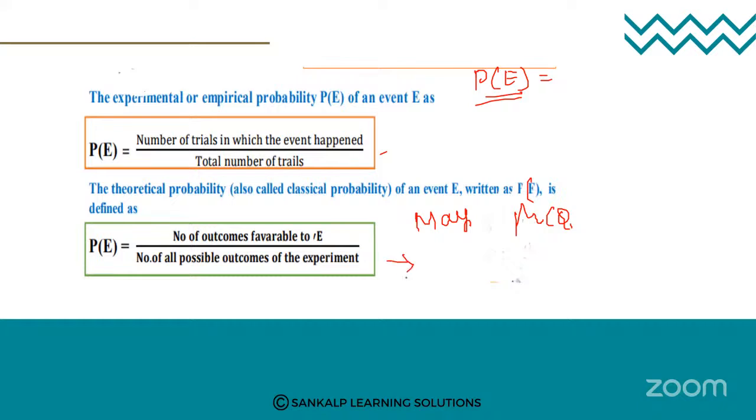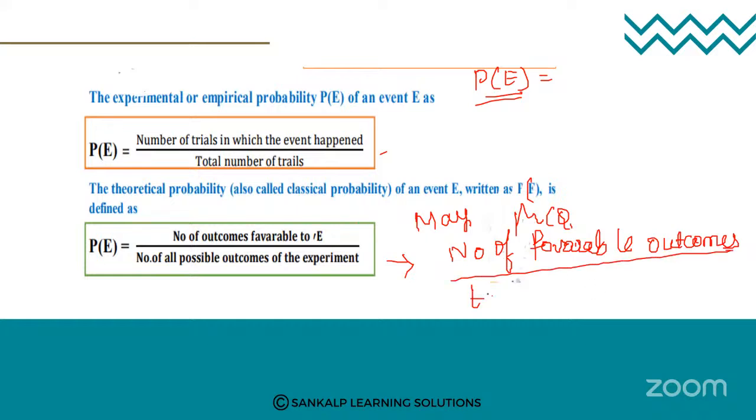In other words, it is the number of favorable outcomes divided by the total number of outcomes. See, for example, when you are tossing 2 coins at a time, whatever the result you get is HH, TT, HT, TH.